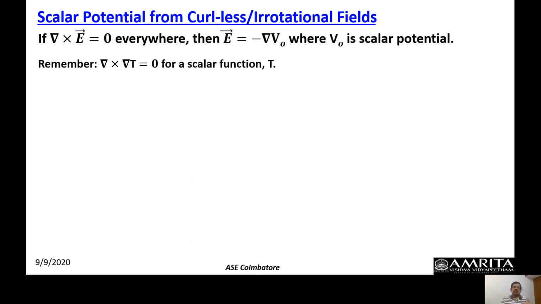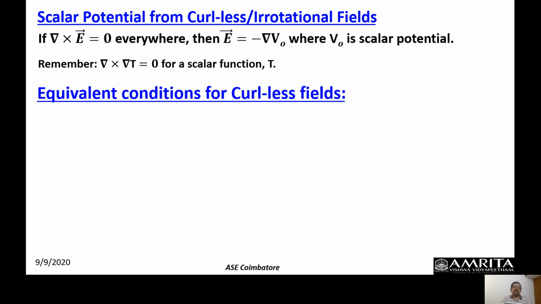So I am going to lay out the definitions for the equivalent conditions. What are they? Del cross E is 0, let us say. Then by implication of Stokes theorem, we can say that the closed line integral of E must be 0. That is condition 1.